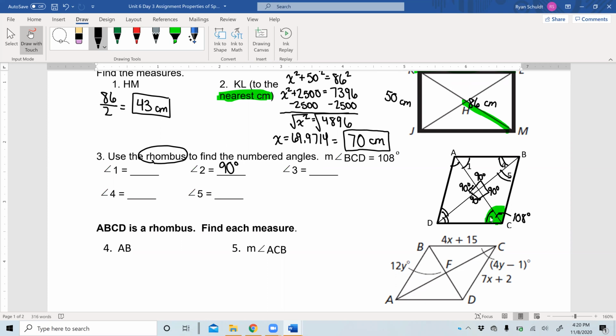Okay, now angle 3. To get half of the 108, I just do 108 divided by 2. That gets me 54. So angle 3 is 54 degrees.